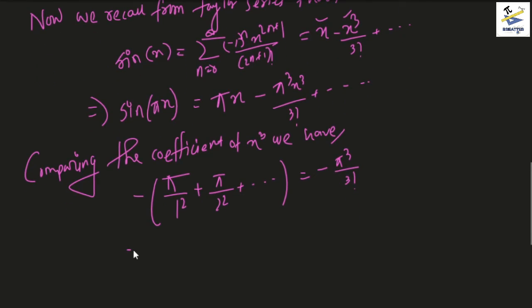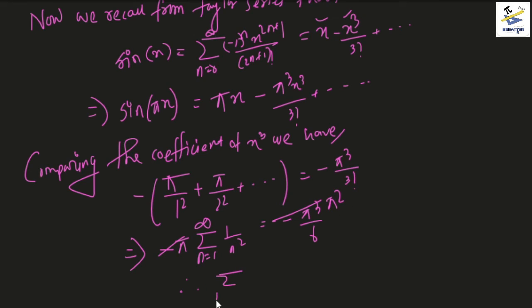So here we can write it as minus pi into the summation n equals 1 to infinity of 1 by n square equals minus pi cube by 6. So if you cancel the minus pi's, what you get is pi square. Therefore the sum from n equals 1 to infinity of 1 by n square is just equal to pi square by 6, which is the answer that we sought.